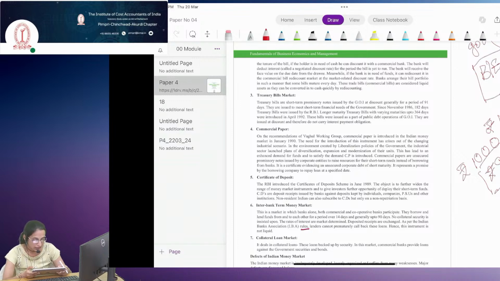These bills were issued as a part of public debt operations of the government of India. They are issued at discount. We discussed a 1000 rupee bill will be issued at 900. So at the start, I will pay 900 to the government, and on maturity, the government will pay me 1000 rupees. So no interest, and therefore they do not carry interest payment obligation.